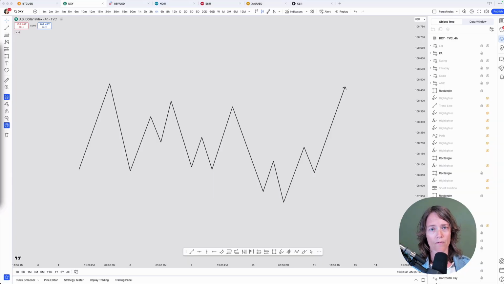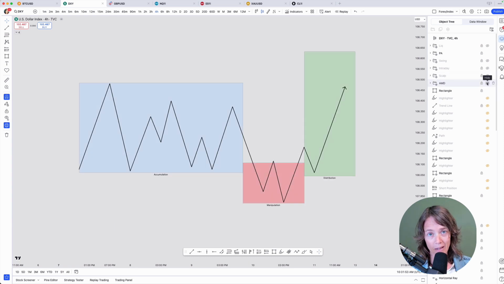I'm going to take one of the most common ICT, let's call it a pattern, most common ICT ways to trade. And that is this specific picture. You've probably seen it loads of times, and if you see it for the first time, I'm going to explain it.